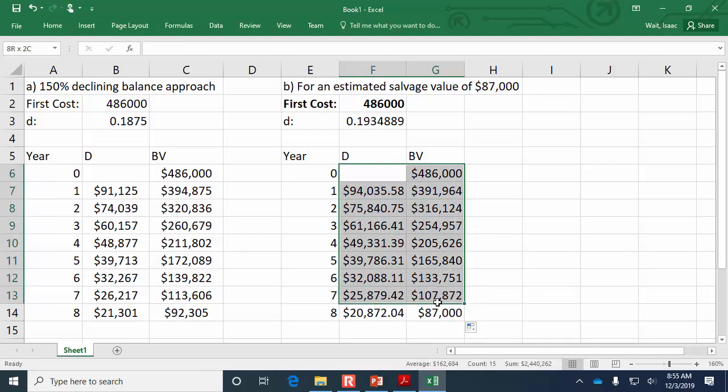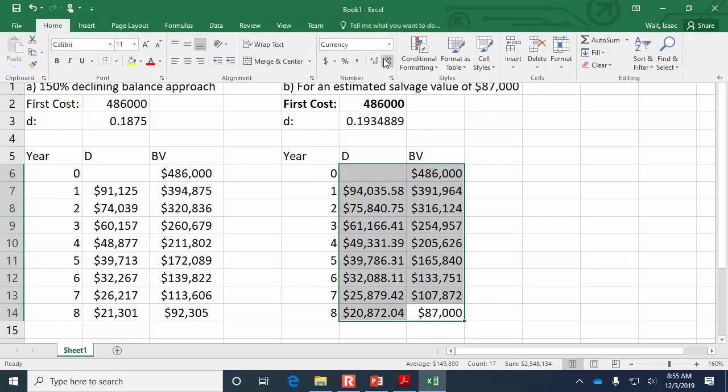So what you'll notice is that when we do part B, where we're calculating the D in order to hit a known salvage value, the only way we'll get to that salvage value by the penny is if we have calculated D to quite a lot of precision.